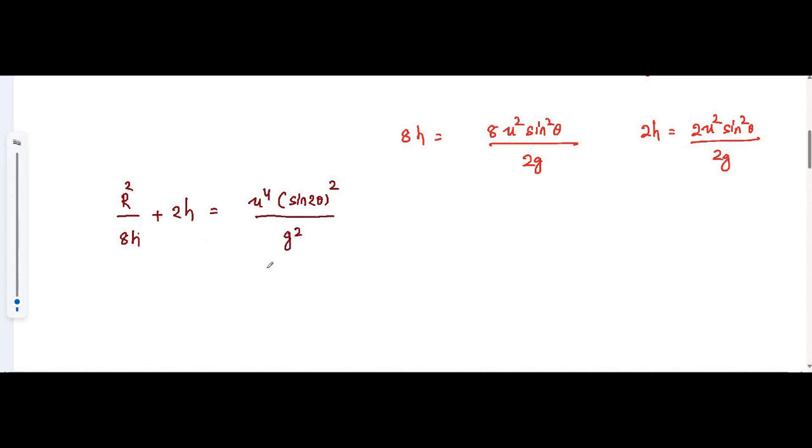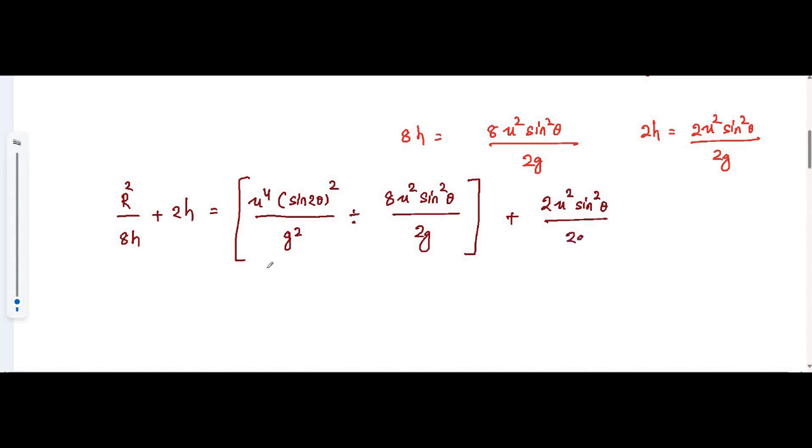R square divided by 8h, which is this 8 u square sine square theta by 2g. Okay, let's keep it together. Then plus 2h, 2h is this 2 u square sine square theta by 2g.